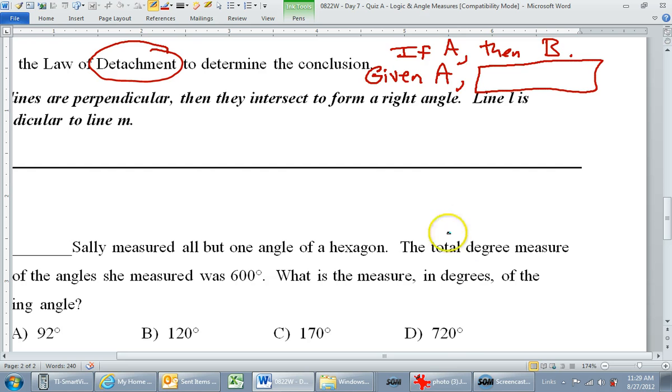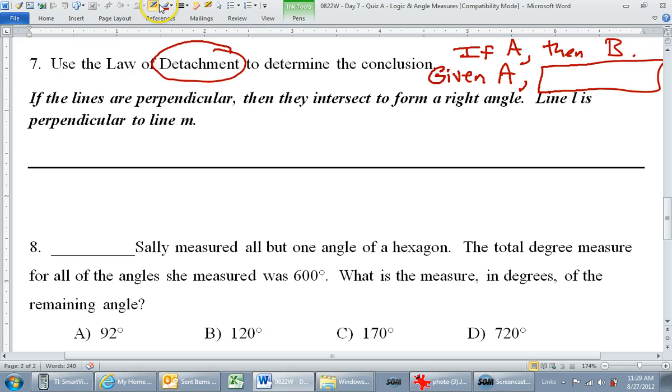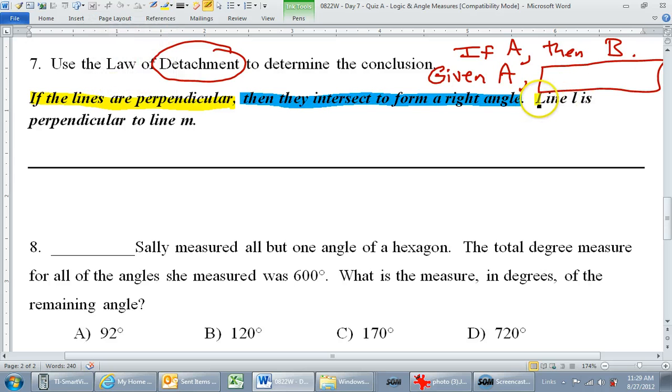Okay? So here's the key. Let me color coordinate this for you a little bit. If the lines are perpendicular, that's like A. Then they intersect to form a right angle. That's like B. Then they gave us some additional information. Line L is perpendicular to line M. That's A again.